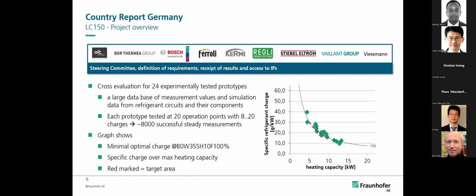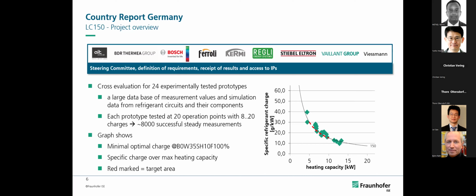In this project, we projected to have 40 different tested prototypes, but with all the issues you have during setting up laboratories and prototypes, at the end we tested 24 different prototypes, with different combinations of heat exchangers and newly developed compressors for R290.